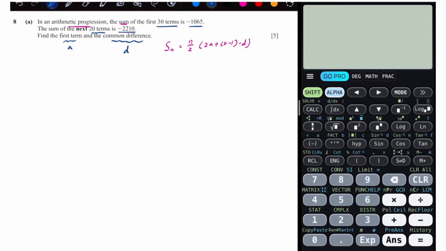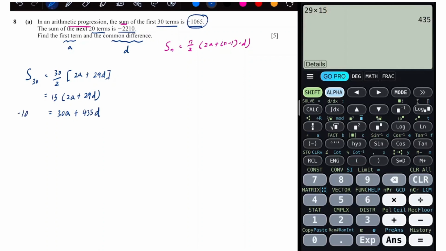So now we have the sum to 30, that is 30 over 2 multiplied by (2a plus 29d), right? So that's going to be 15(2a plus 29d). So just move the 15 in, then you'll get 30a plus 29 times 15, that's going to be 435d. And given to us that the sum to 30 is negative 1065, I believe everything can be divided by 5 to make it smaller.